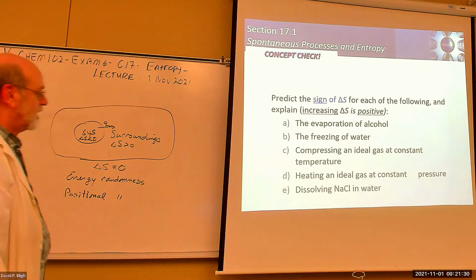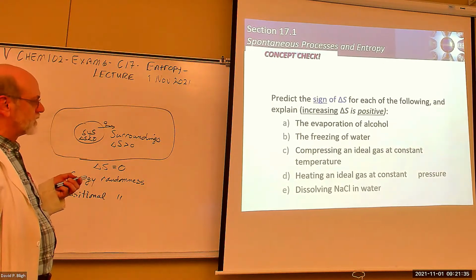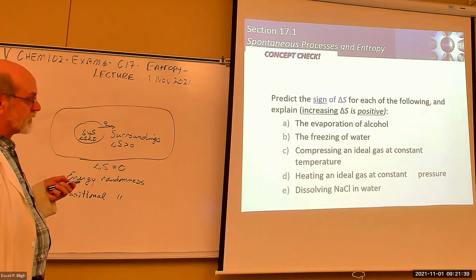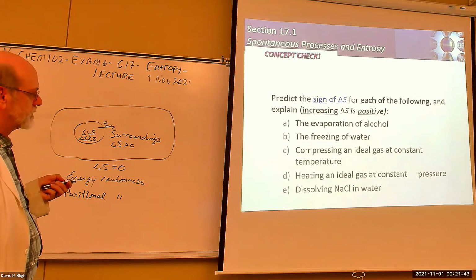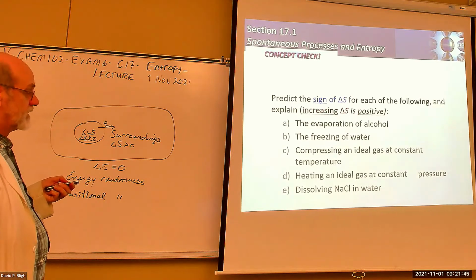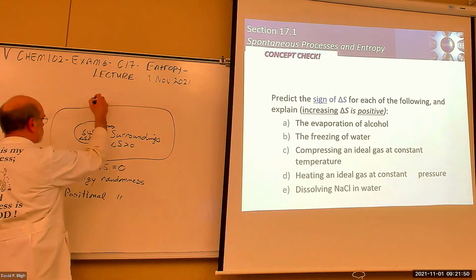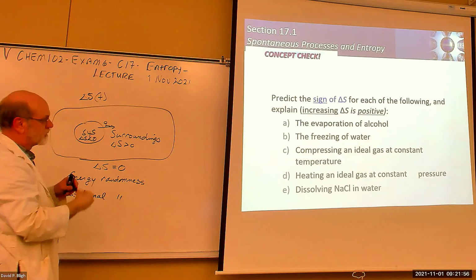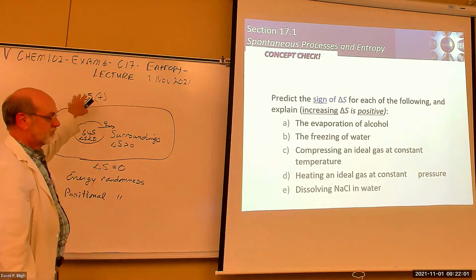Okay. So let's see if we can determine, qualitatively speaking, the sign on the delta S for each of the following. So increasing randomness of either kind means delta S is positive. So we're looking for delta S with a positive sign or negative sign, but that's our basis.